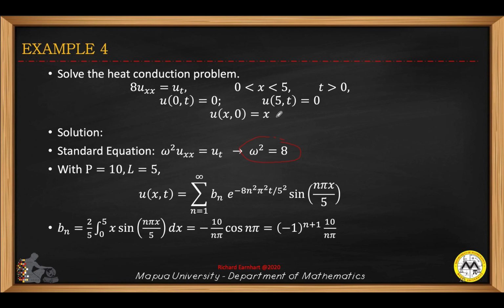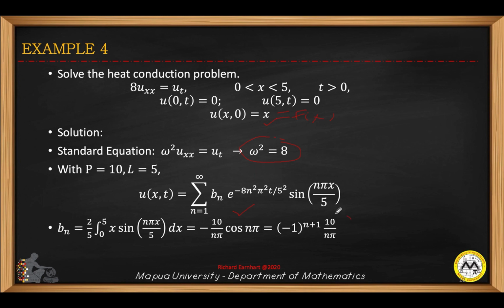Take note that the initial condition, or the particular solution, for u of x,0 is equal to f of x. Since this is given, you have x here times sine n pi x over 5. Integrating by parts will give you the coefficient negative 10 over n pi cosine n pi, or negative 1 raised to n plus 1 times 10 over n pi, for your b sub n.